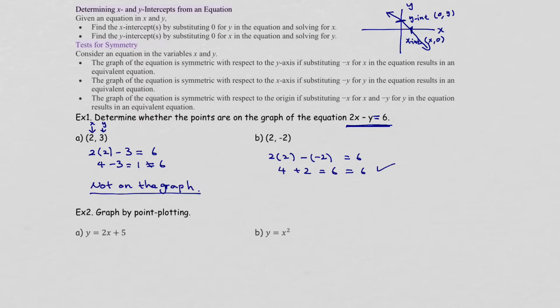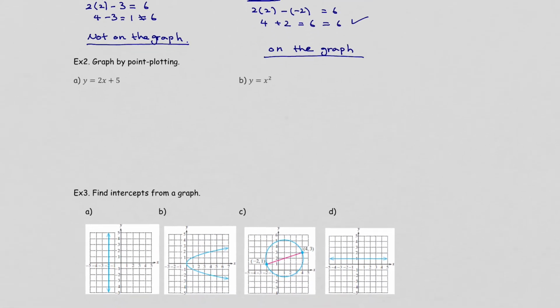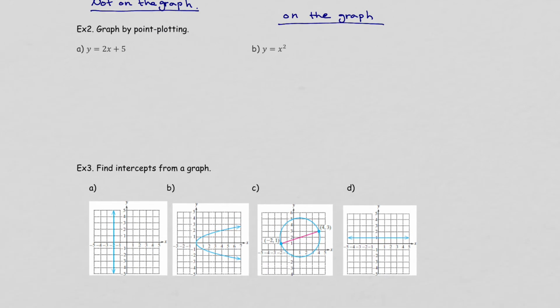It means this point should be on the linear line. So we will say this is in the solution set and the other is not, right? Let's look at the next one.